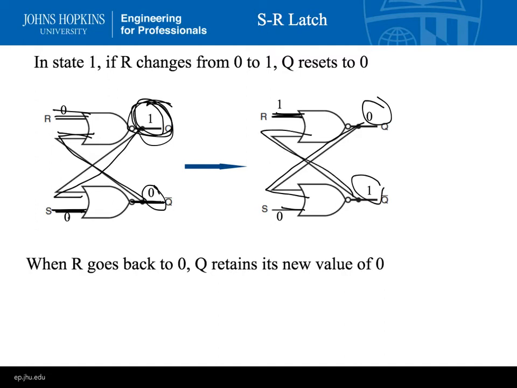And so that'll be stable. So we set the reset signal, and it'll stay that way. Even if we set R back to 0, it's going to continue. So set turns the bit on, and it stays that way. Reset turns it off, and it stays that way until you hit set again.